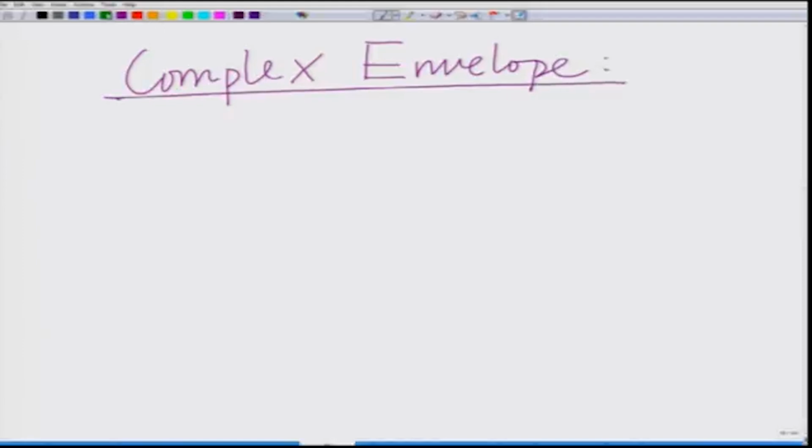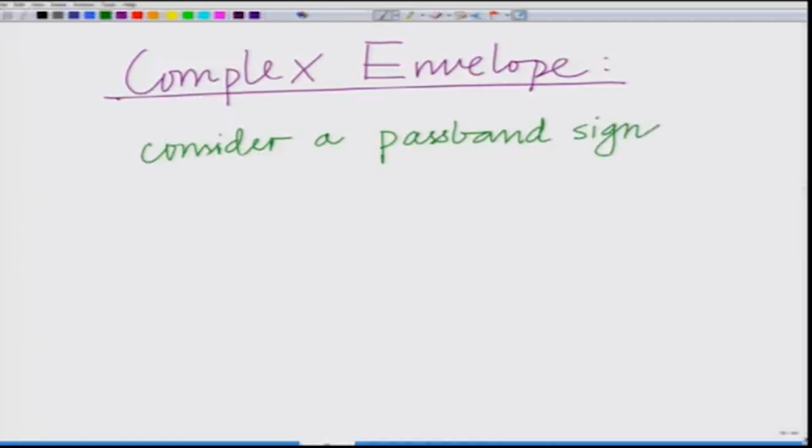So, towards this, consider a passband signal x t, and give it Fourier transform x f.